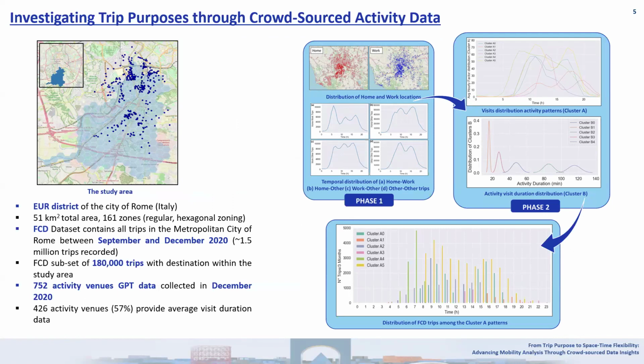So we are not able to fix a specific motivation behind the trip, because after the clustering technique, it's not possible to univocally define a motivation of a subset of activities. So this is the first problem.